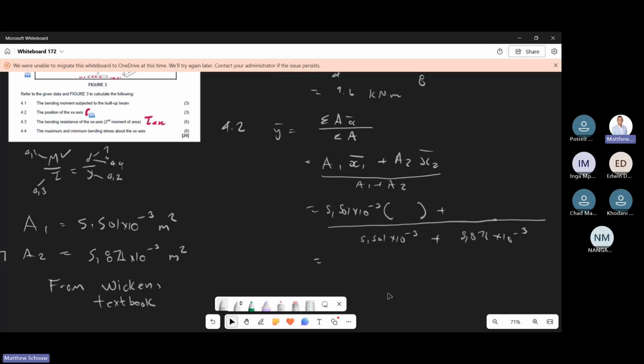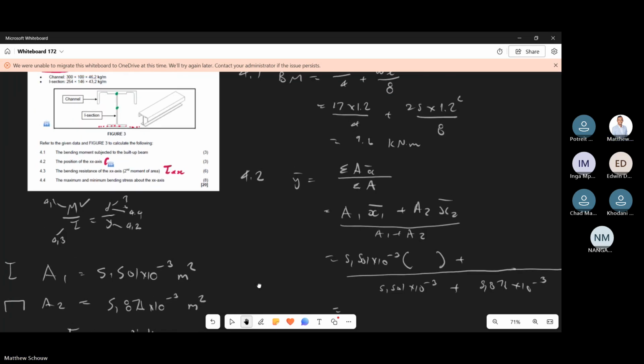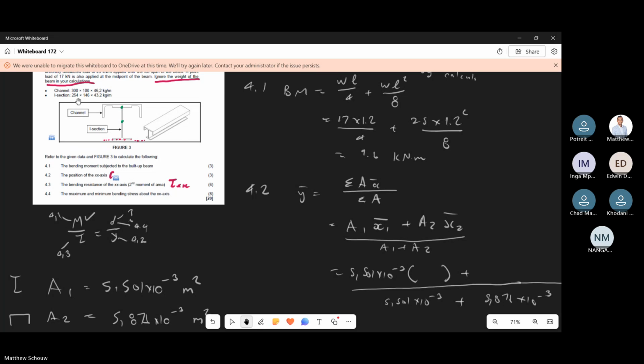Can we find the height? It says 300 divided by 2. Can't be 300, man. It's 256. Check. 254. We're looking at the right thing.